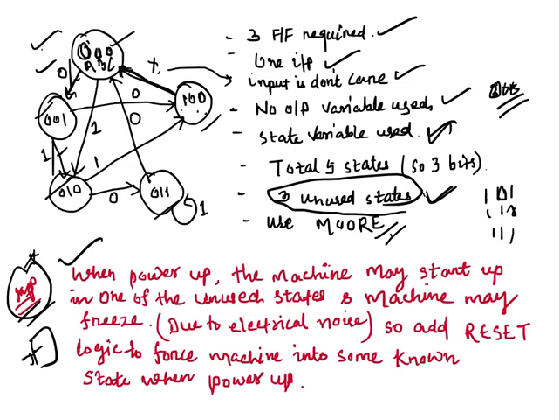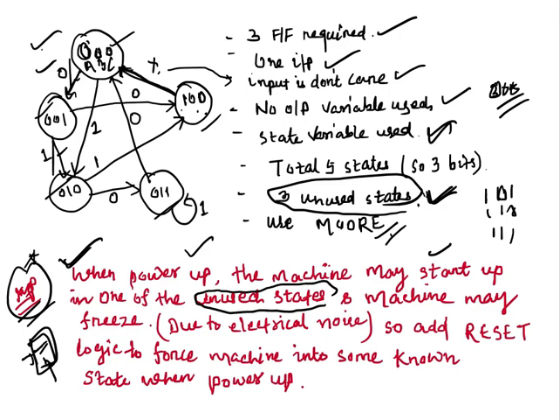But let's say initially the ATM is not turned on, and you switch it on. What if it moves to an unused state? When the machine is powered on for the first time, it may start in one of the unused states. Then what will happen?